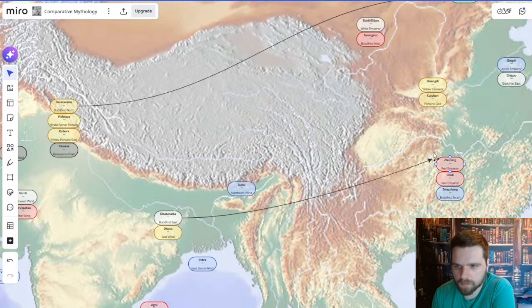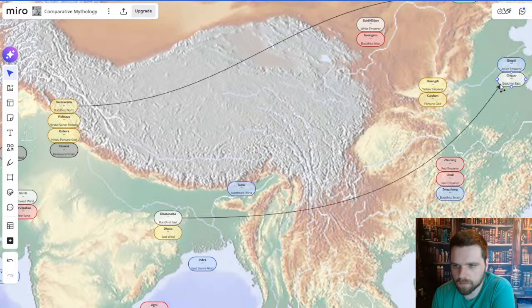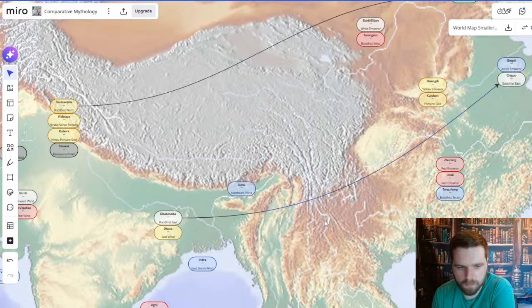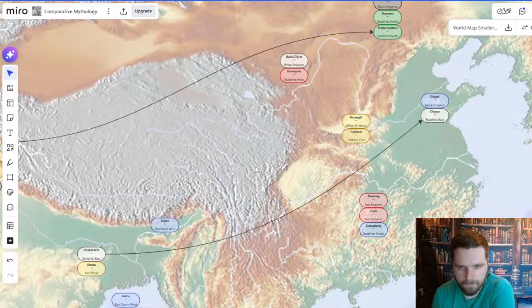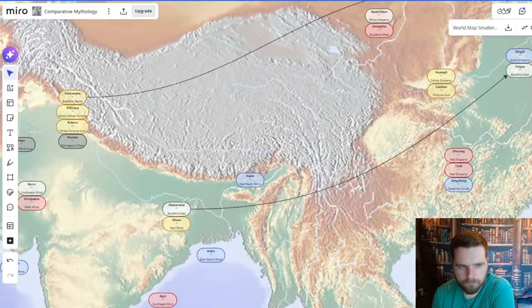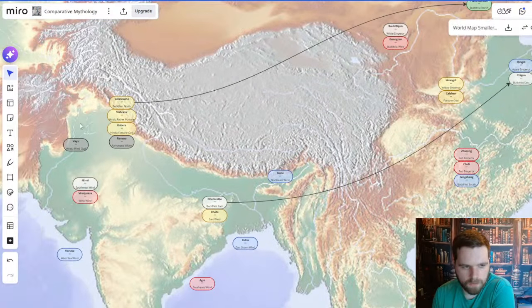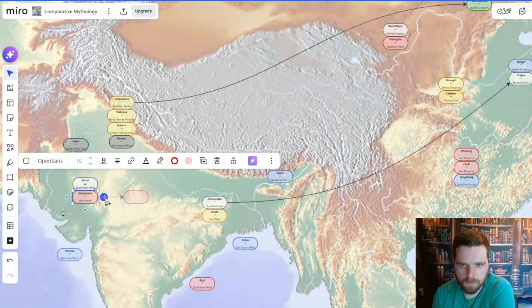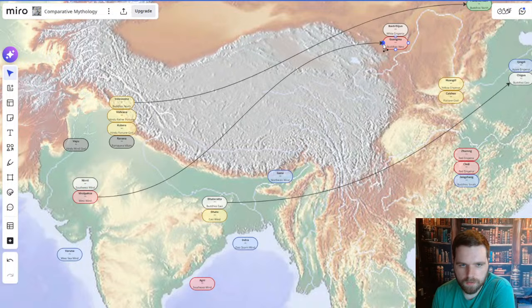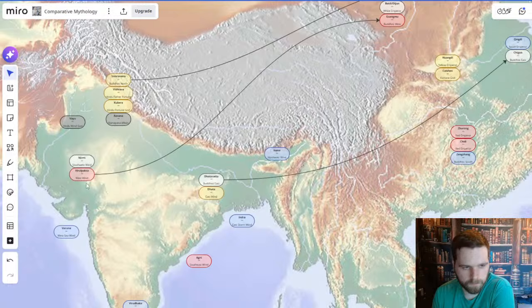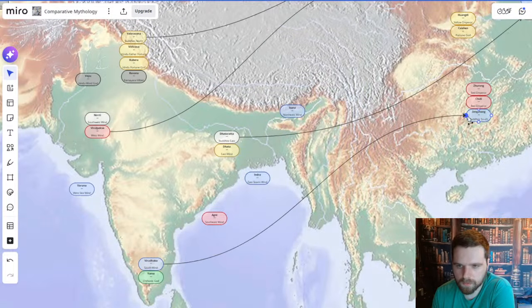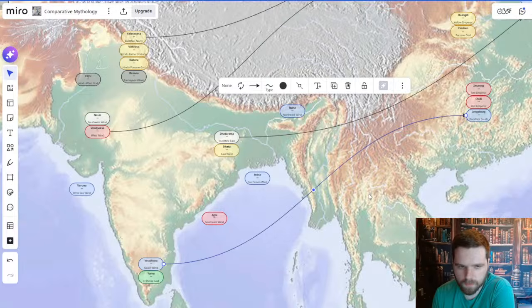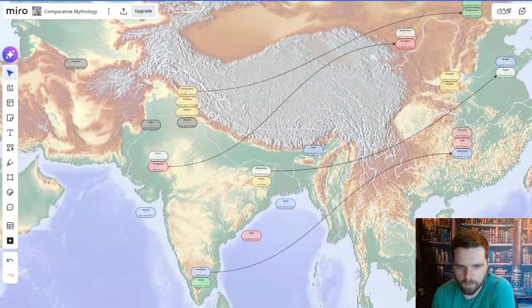Dhritarashtra, translated literally in the Chinese, upholder of the world, basically, I think is what that means. Virupaksha, literally translated into Wangmu, and then Virudhaka into Zangshan. Right, so we have that.